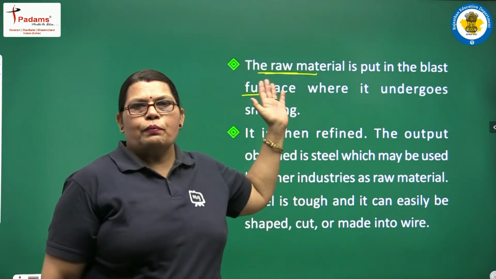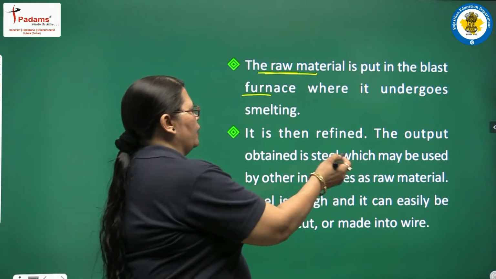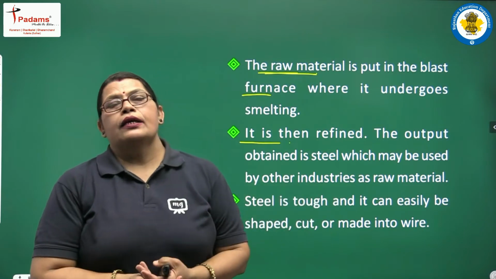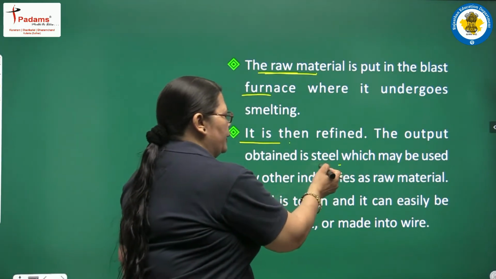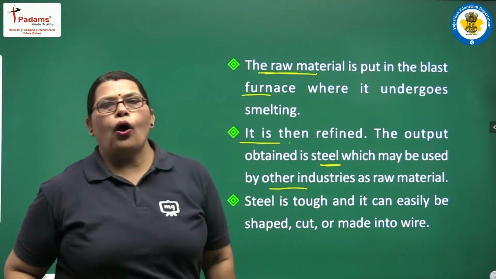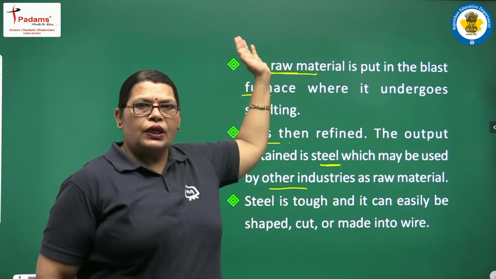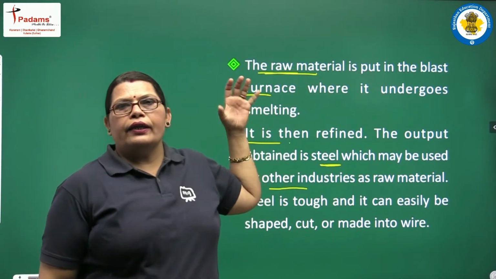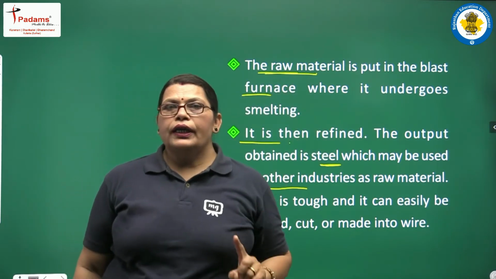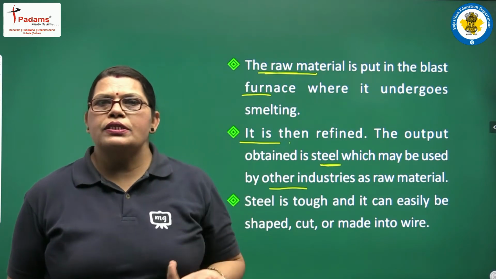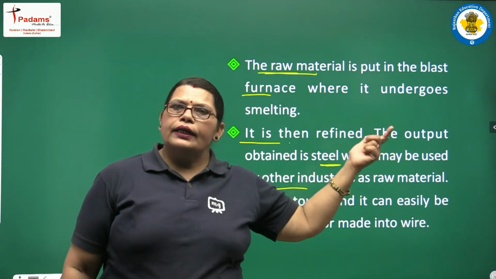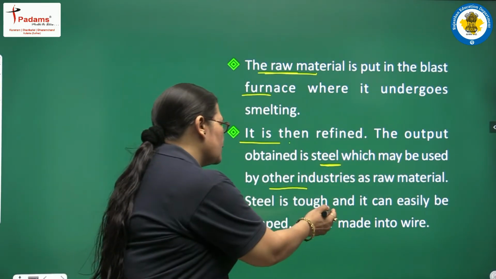Then, after smelting, it is refined and the output obtained is steel, which may be used by other industries as raw material. So in the process, smelting is there, refining is there, and the output itself is a raw material used by other industries. So, the concept is clear to all of you.